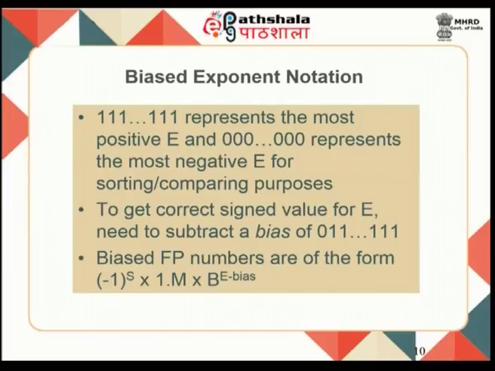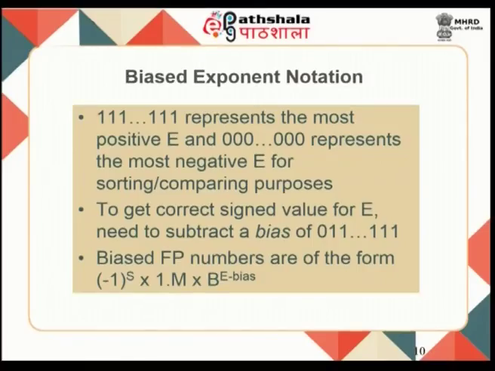When you have a bias, whatever that bias is, that bias gets added to your exponent value. So, if your bias is 127, for example, whatever exponent value you have, suppose it is 5, that 5 is added to the bias value, and only then do you represent the exponent value. So, if you have to find out the actual exponent value, you have to subtract the bias.